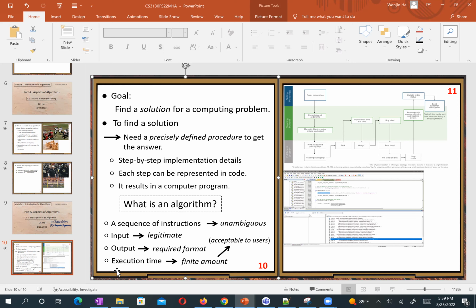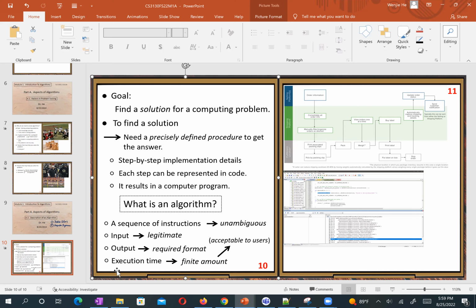Then the executable time. Based on our textbook, it says a finite amount, but that's the minimum, right? Because there is a big difference in the response time or execution time.